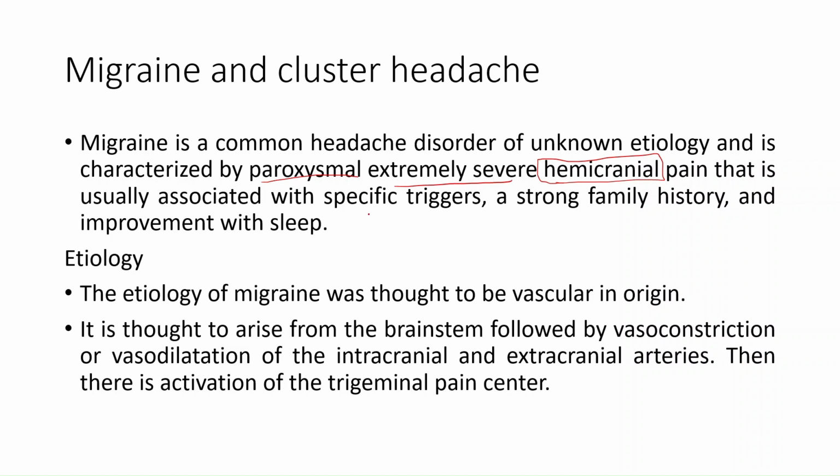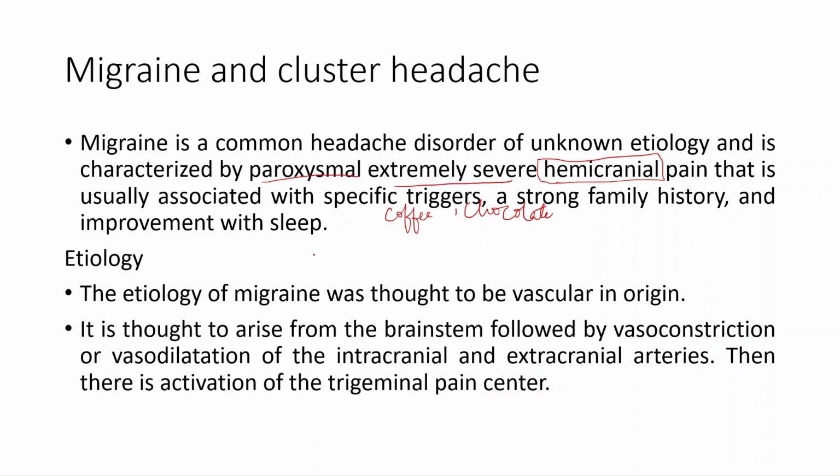And it's usually associated with specific triggers. Okay, the common triggers are coffee, chocolate, lack of sleep, menstruation, too much stress. Also particular smells. Very strong perfumes can also trigger migraine in people. There is usually a very strong family history, and it improves with rest.